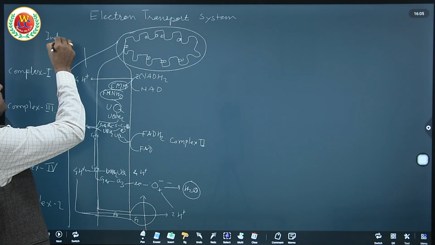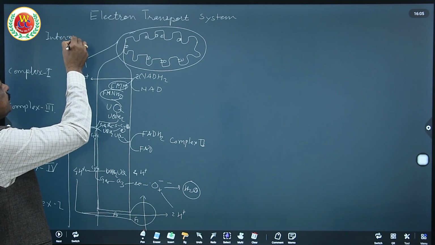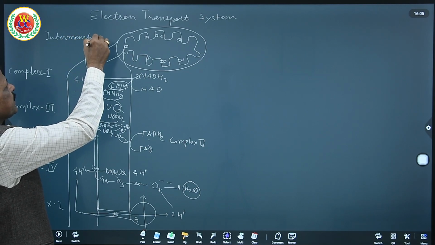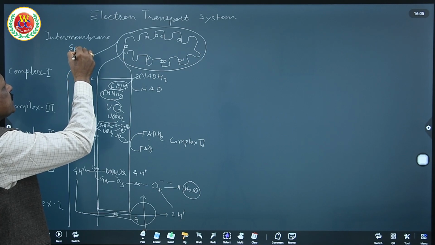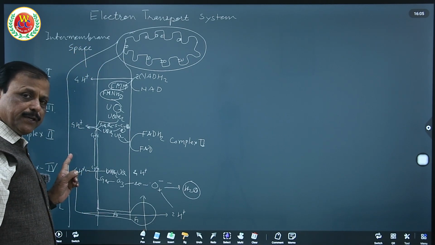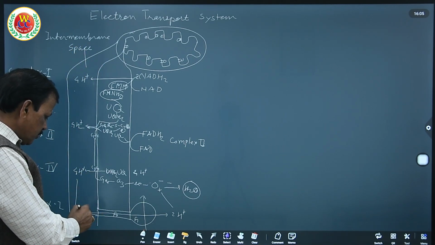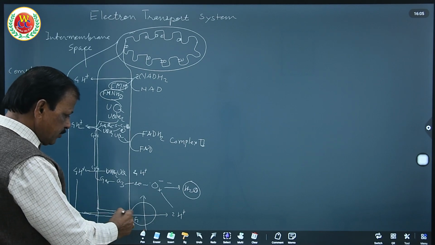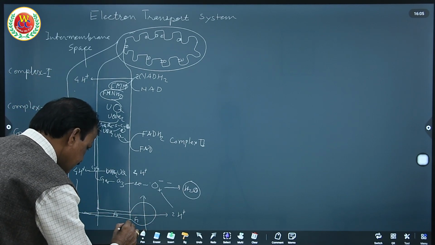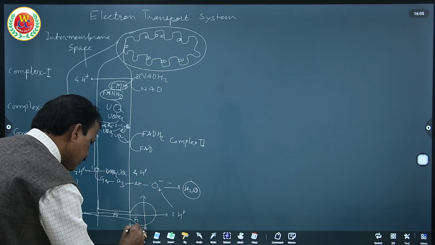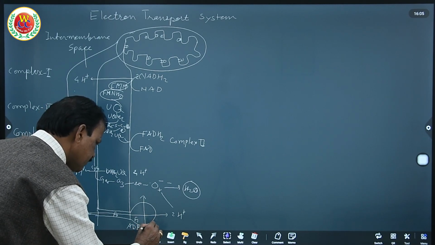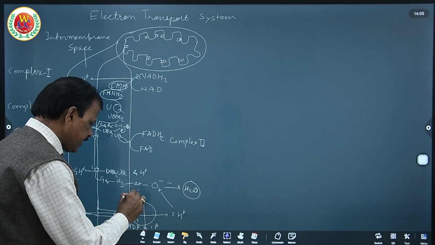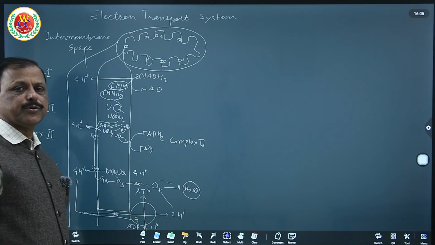This is the intermembrane space where protons are accumulated, developing potential energy so as to transfer them from higher concentration to lower concentration, generating ATP molecules by the combination of ADP plus inorganic phosphate. So finally ATPs are produced over here.